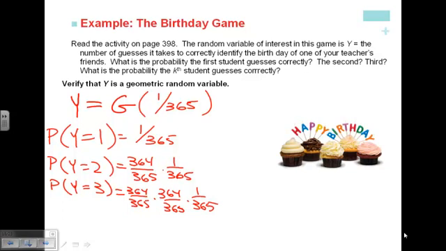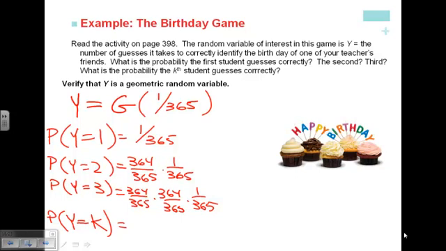Now, I'm not going to do this any more times. I want to see if we can find the general formula for the probability that the first success happened on the kth try.